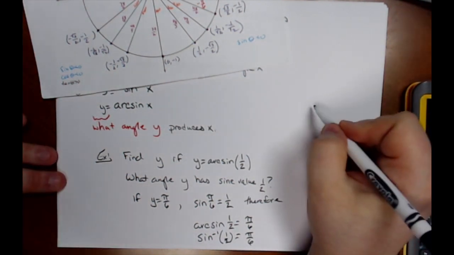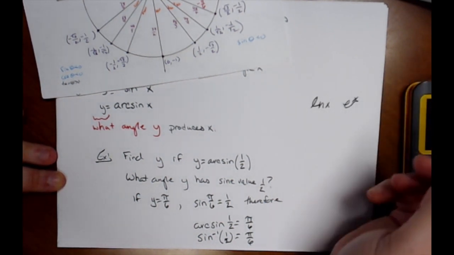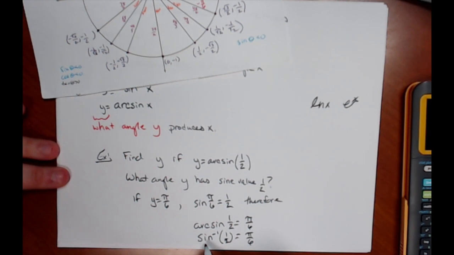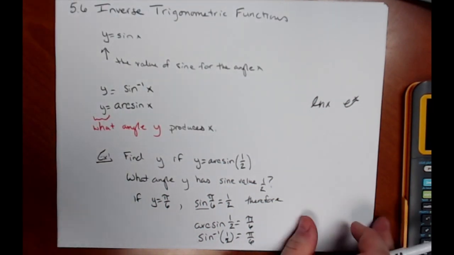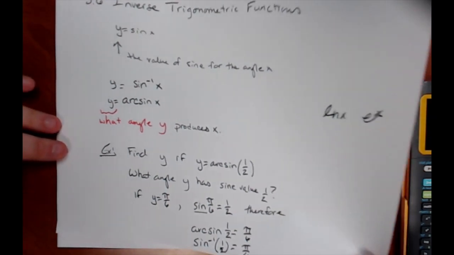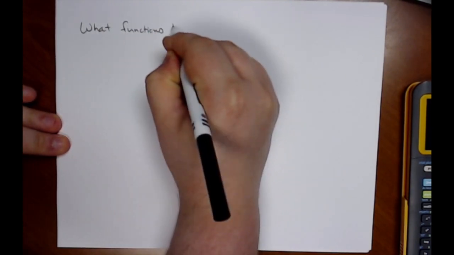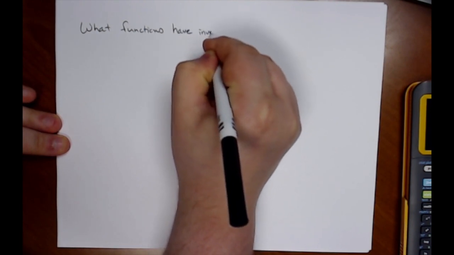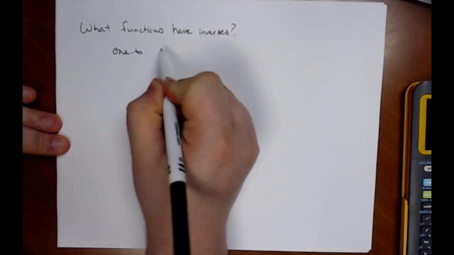So just like we had our natural log and our e to the x were inverses, we now have our sine and our sine inverse are inverses. Now, you might be wondering, we had a test that determined whether or not a function had an inverse. So remember, we had a long discussion on what functions have inverses. And remember, those were the ones that were 1 to 1.